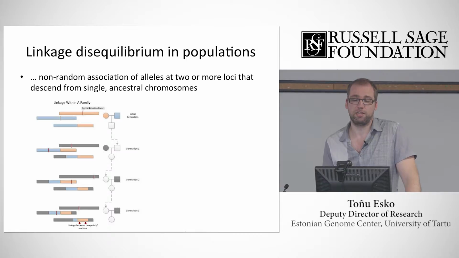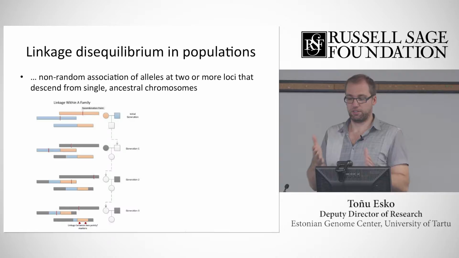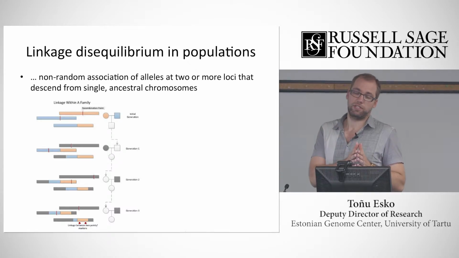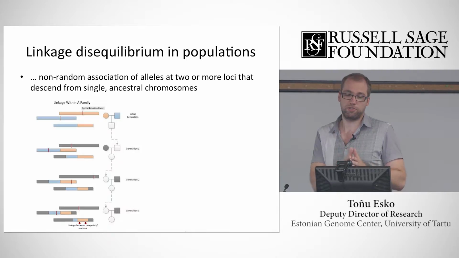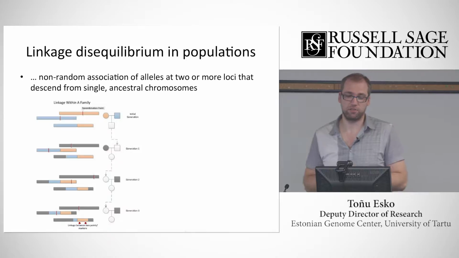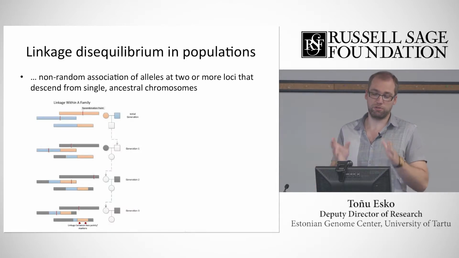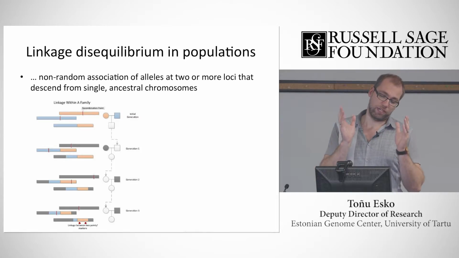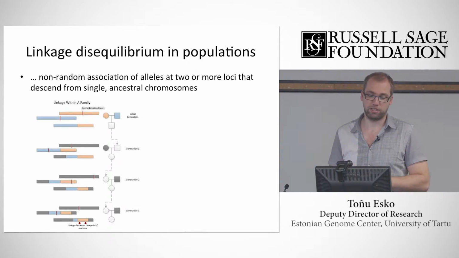as in Mendel's second law. But for example, if we have two genes that are next to each other in the chromosome, and they are so close that crossing over events do not happen, or happen very rarely, it means that those two genes or two alleles always go together in the genome or in a population.